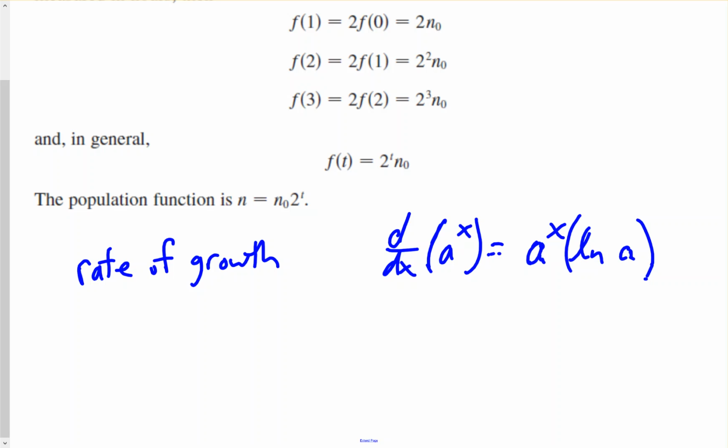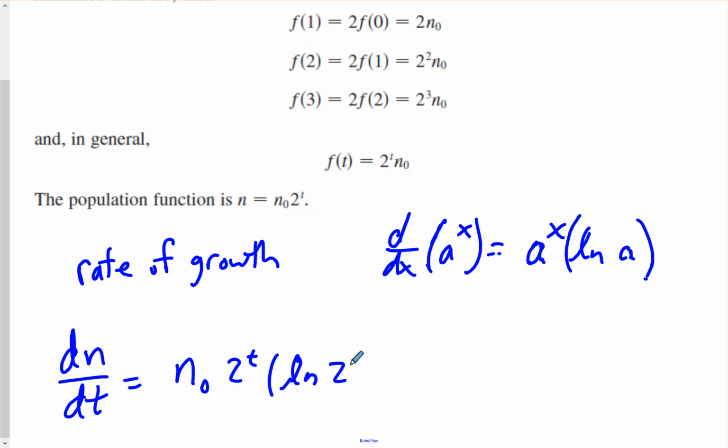So for this problem, the rate of growth for the bacteria population, dn/dt, will equal, well, n0 is just a constant, so we just have the n0 there. And then 2 to the t, times the natural log of 2.